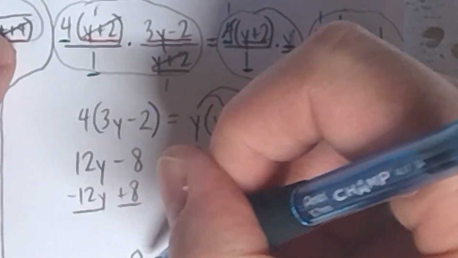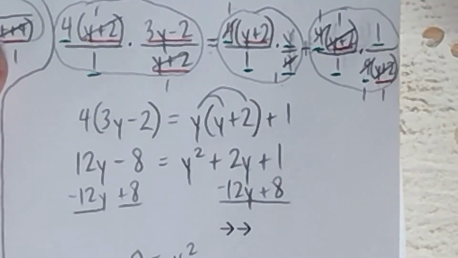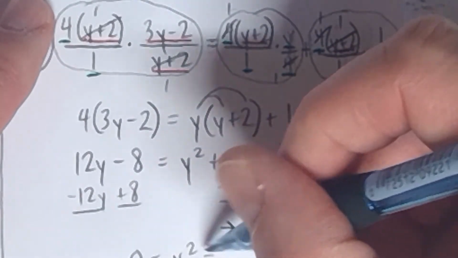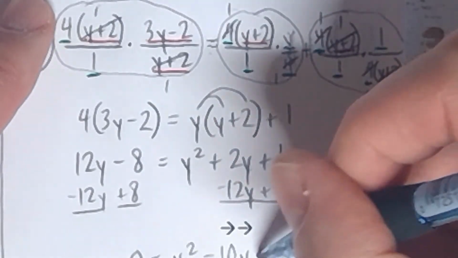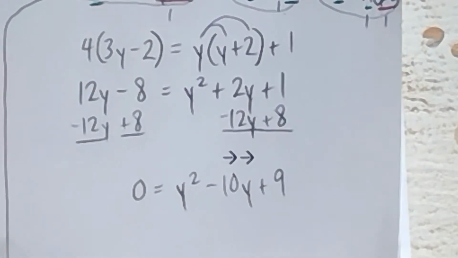Make sure the y squared is positive and make sure the terms are in descending order. So y squared, the squared term, goes first, and then the y to the first term after that, and then the 9. There it is right there.